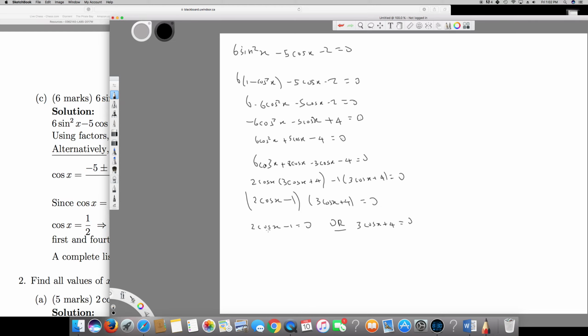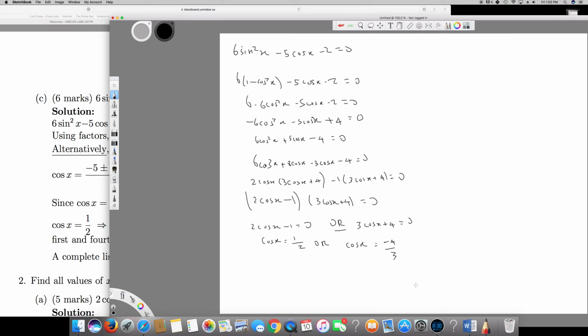If I switch this value around, cos x is going to be equal to positive 1 over 2. That's my first cos x, and the other cos x is going to be negative 4 over 3.